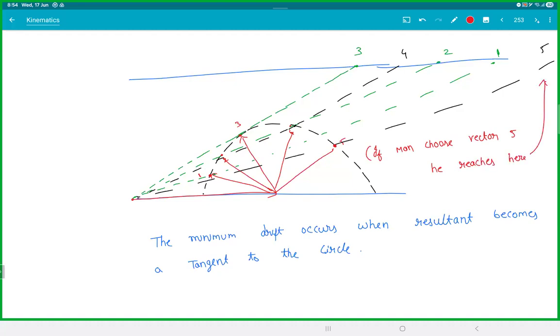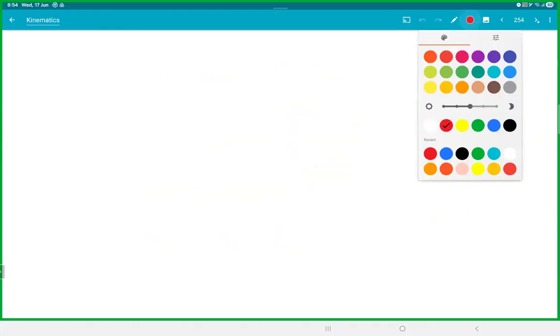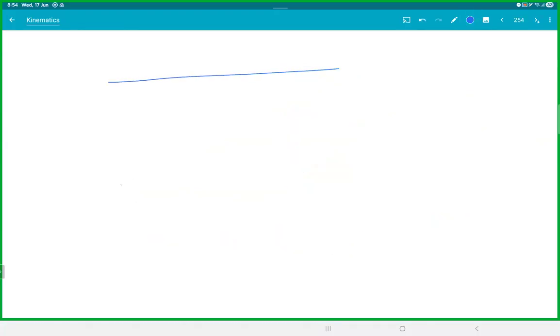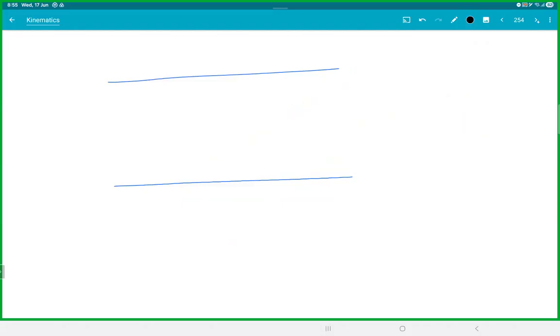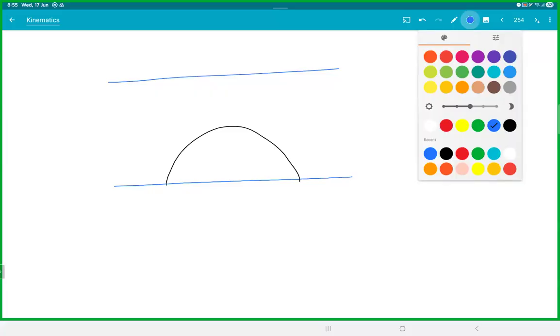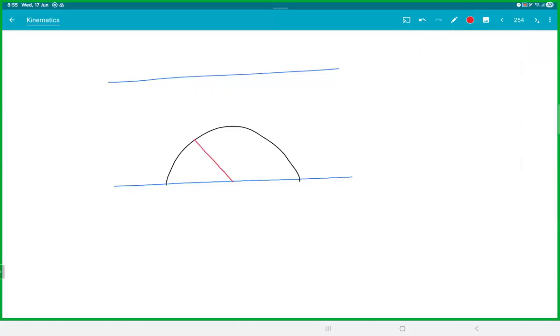He reaches here. So yeah, then you're done. Remember, this is a very good, neat trick. When you have two vectors, where one vector is constant and the second vector is rotating or movable, the minimum will always occur when it becomes a tangent. That's a very good idea there.